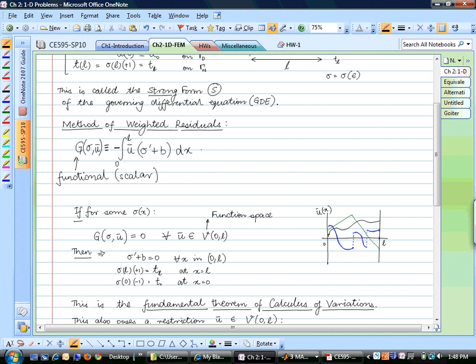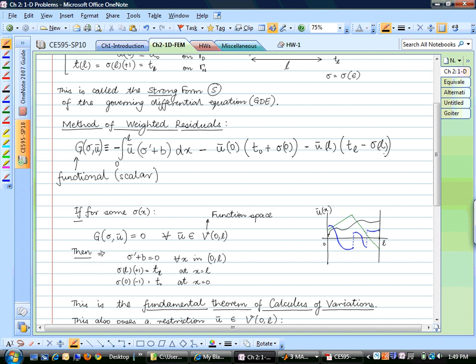In addition, I'm going to add a couple more terms: u bar at 0 times t0 plus sigma at 0. And I'm going to add another term, u bar at L times TL minus sigma at L.